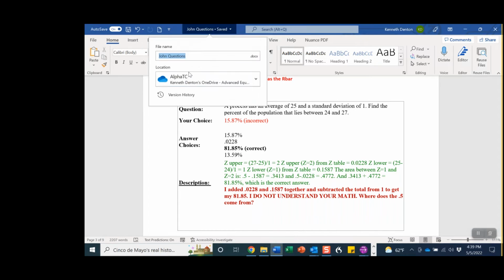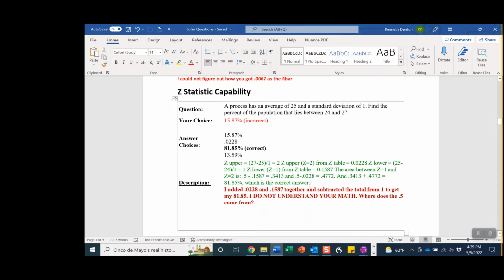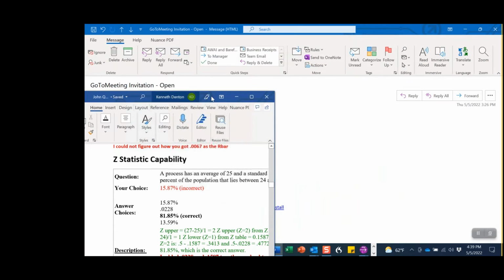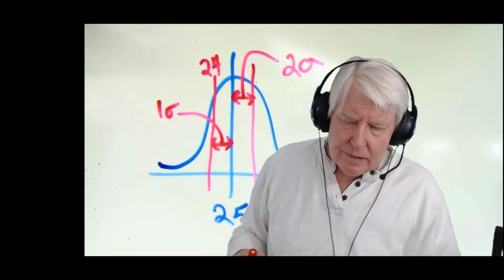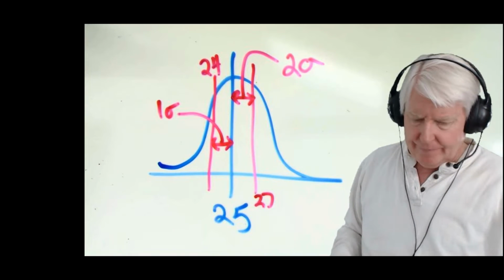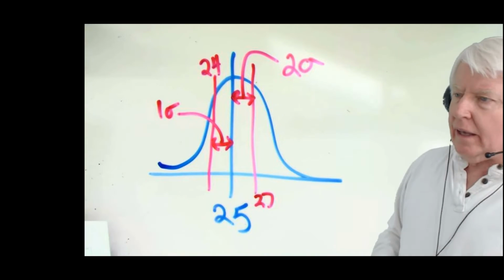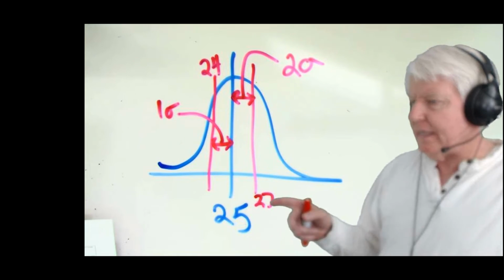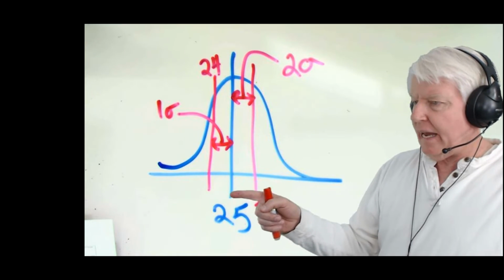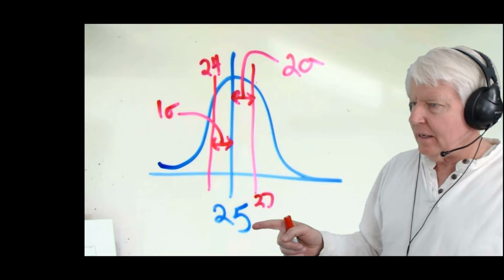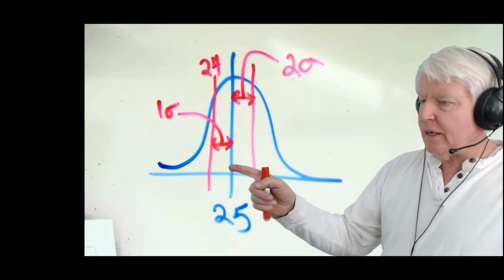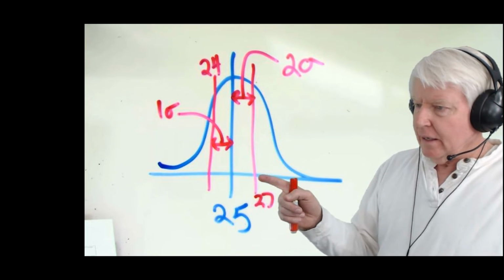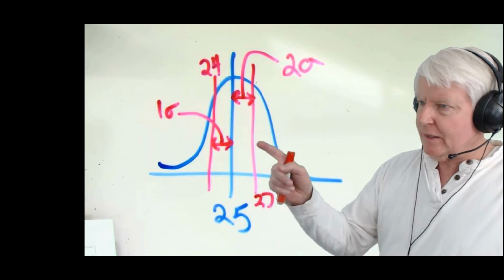All right, switch back to you, and then I'll shrink this. Okay, so here we are. First of all, the math is pretty easy because this is the average, 25, correct? Yes, sir. Sigma is equal to 1. So there's 27 here, which means there's 2 sigmas.